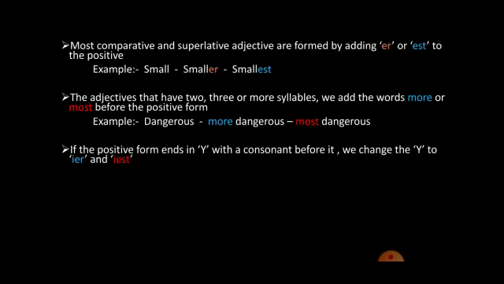If the positive form ends in y with a consonant before it, we change the y to ier and iest. Example: can you see the word silly? Silly is in the positive form, and it ends in the letter y. Before the y, there is a consonant, l.